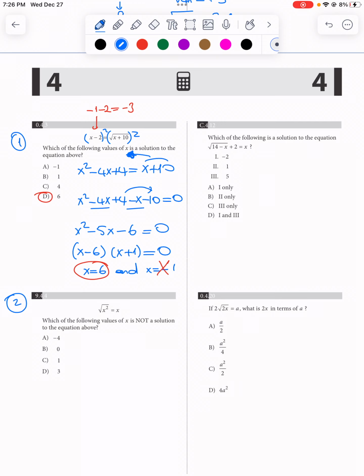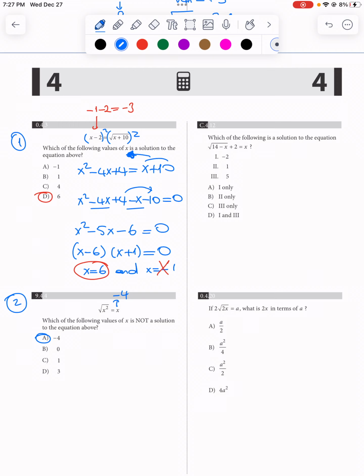The correct answer is going to be A. x cannot be equal to negative 4, because if you are working with real number solutions, then a square root cannot be equal to a negative number. That's why this is not a solution for this equation. Answer choice A, negative 4.